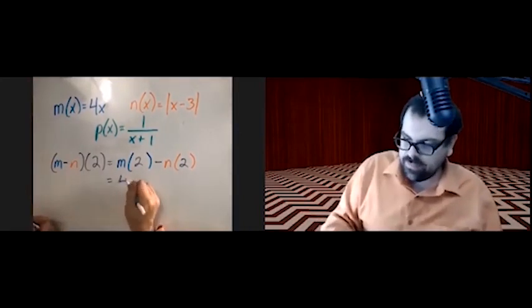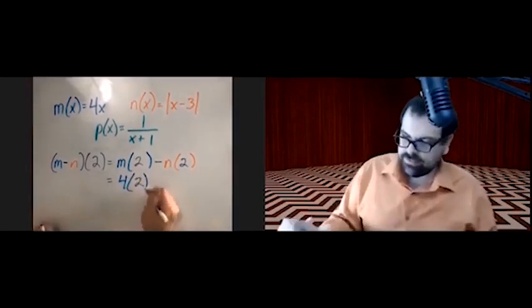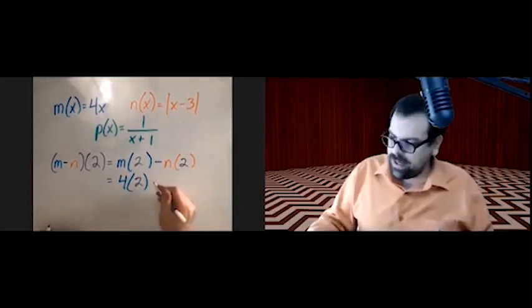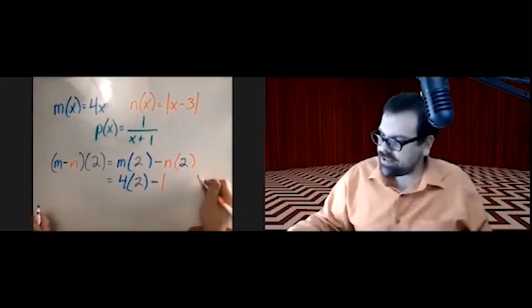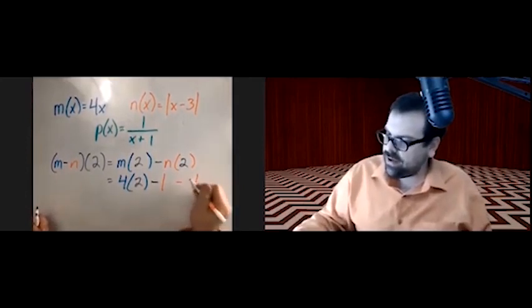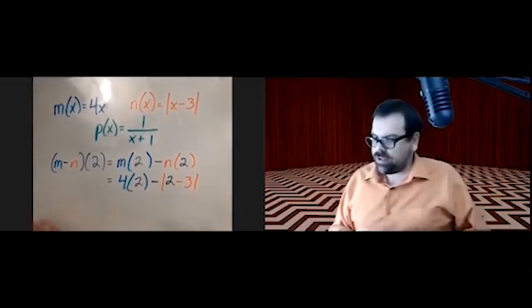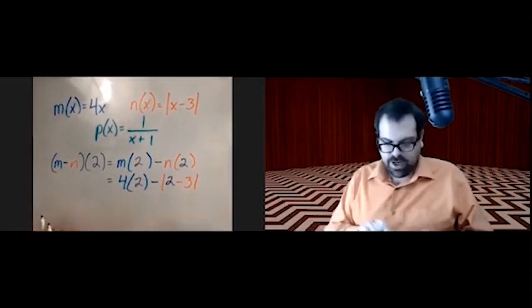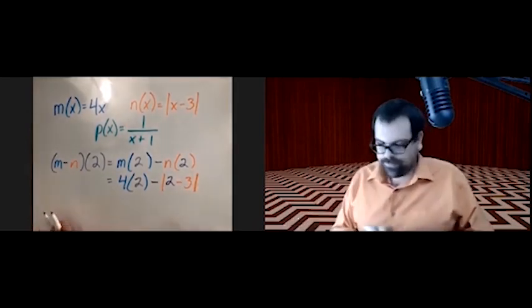Function m is 4 times our x, in this case 4 times 2, minus n, which is the absolute value of the thing minus 3. Here the thing is 2. That's a 3 and the end of our absolute value.